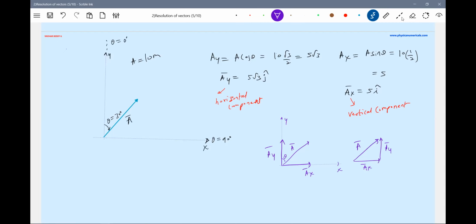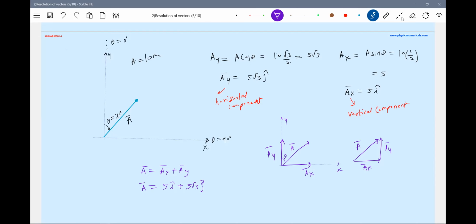Then how do you write this vector? A bar equals A_x bar plus A_y bar, in a similar fashion. So this should be equal to 5 i cap, 5 root 3 j cap. Say the vector makes 30 degrees with the x-axis or the y-axis, whatever it be.